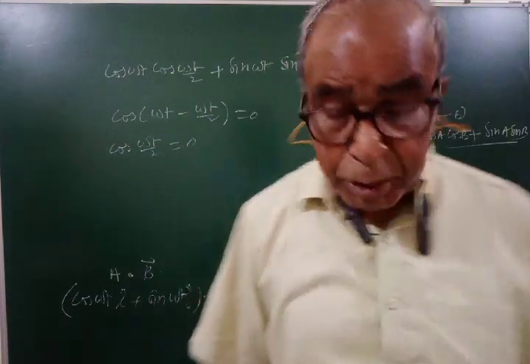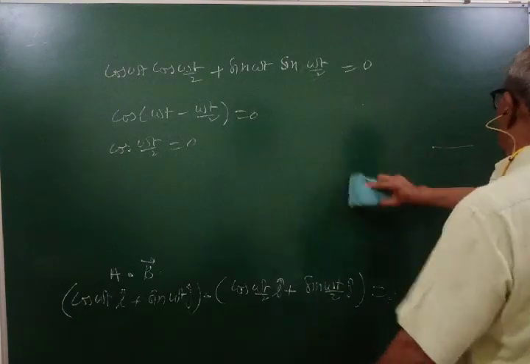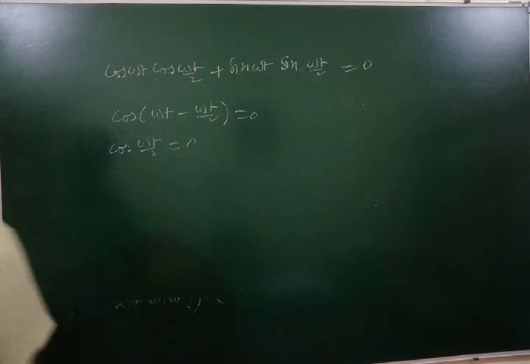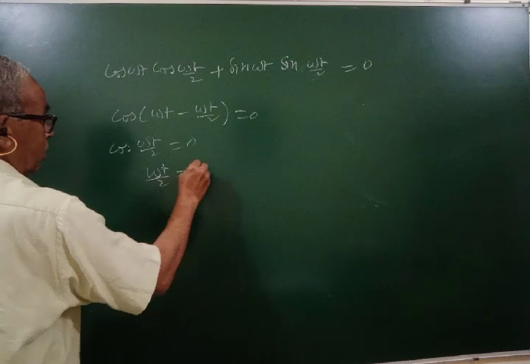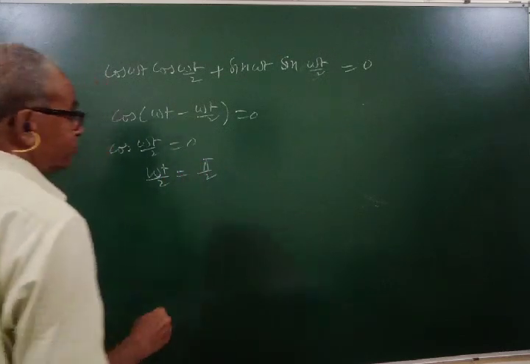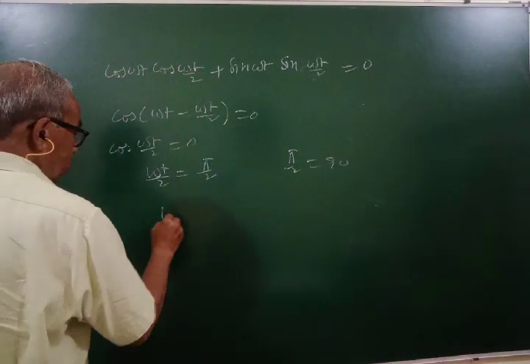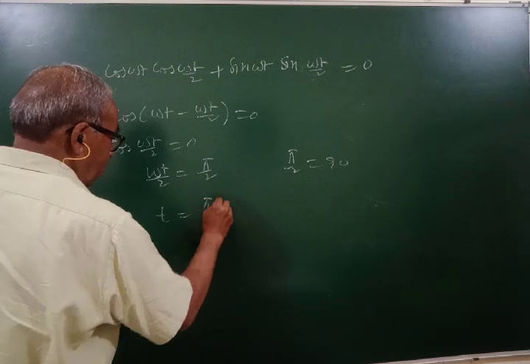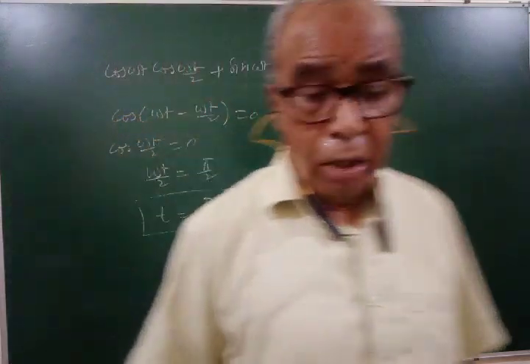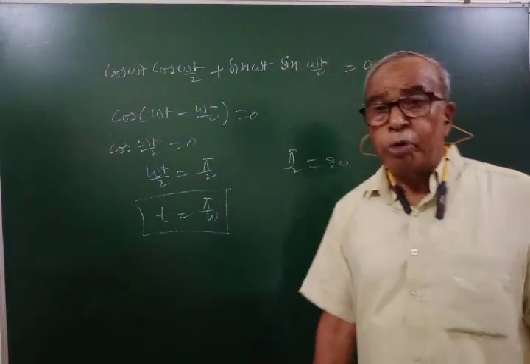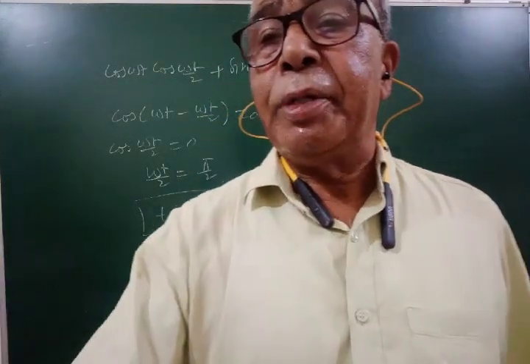Please learn that table of trigonometry, the values of sin 90, cos 90, sin 45, sin 0, sin 60, etc. So this comes out to be omega t by 2 equal to pi by 2, that is 90 degrees. So t equal to pi upon omega. This is the answer. At this time the two vectors A and B will be orthogonal. Okay. Now in the next video I will take one more question.